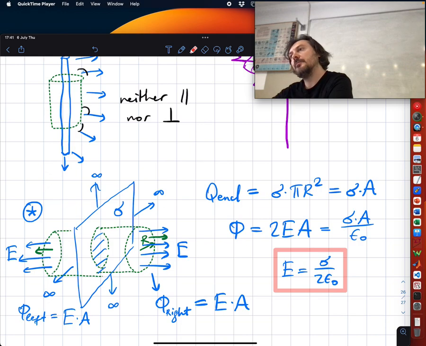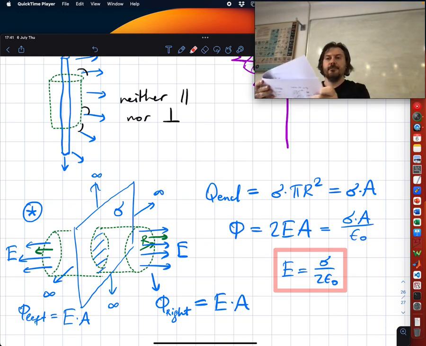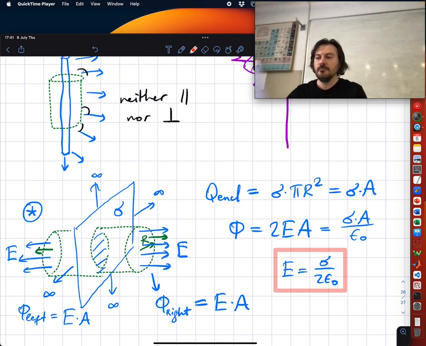Tell me. If we have to take the sheet to be infinitely big, then how can Gauss' law work in real life? Very good question. So you can say that whenever the size of the plate is much larger than your distances, then you can simply use sigma over 2 epsilon 0. It's a very good approximation.